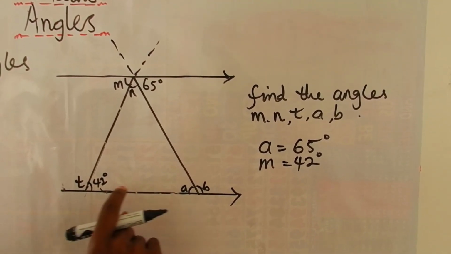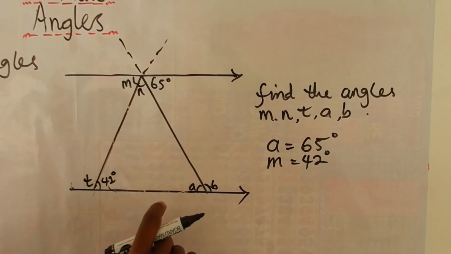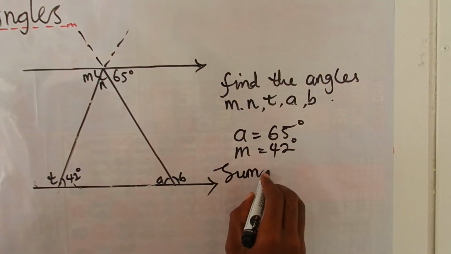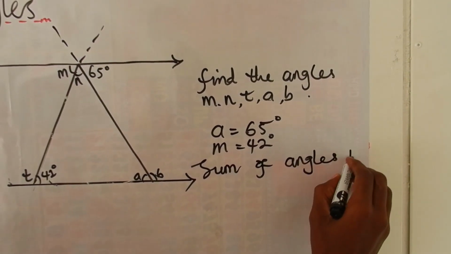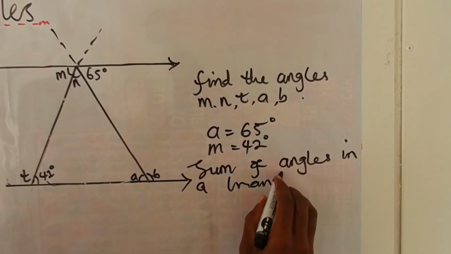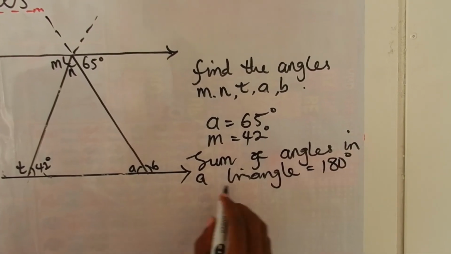I have A and I have this other angle. So I'm looking for this angle. Okay? Now you have the sum of angles in a triangle equals 180 degrees.